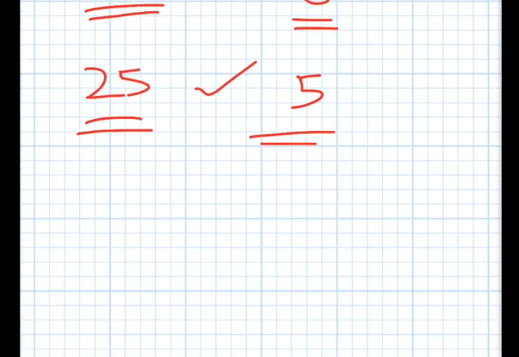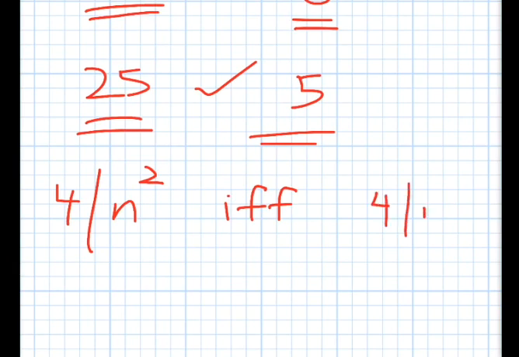Now let's change the statement from 3 to any other number. Let's say 4, and write the same statement for 4. Now I'm going to say 4 divides n squared if and only if 4 divides n.